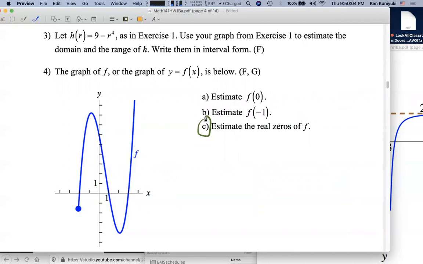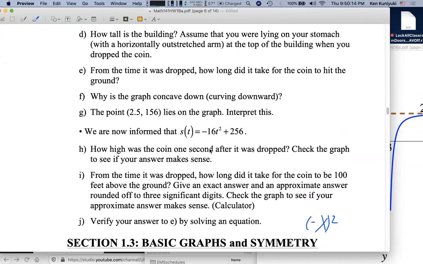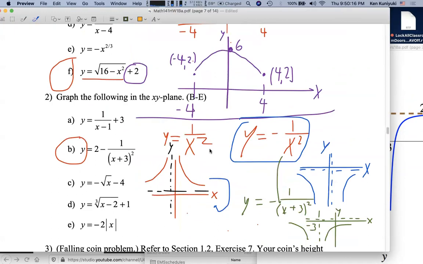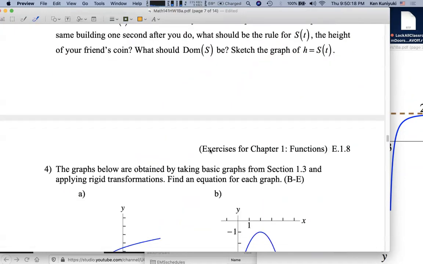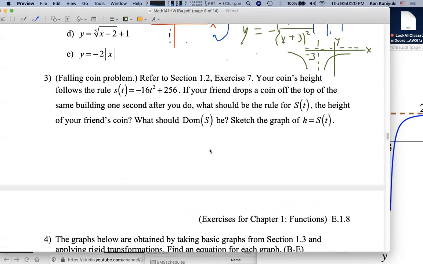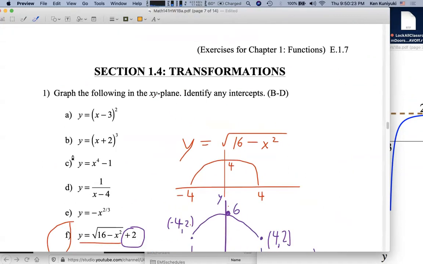Is that correct? Oh, 1.4. Okay. I guess that's this one here.